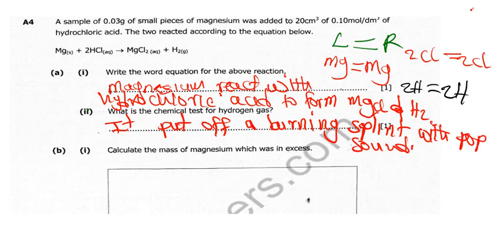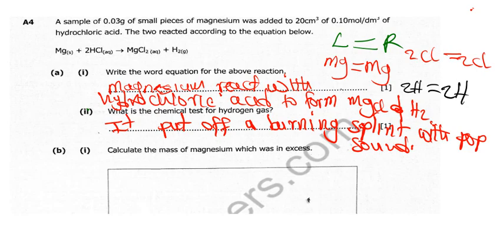So wherever you have your hydrogen gas in a beaker, if you bring a burning splint near that beaker, the burning splint will go off and there will be a popping sound. So that's all about the identity test for hydrogen gas.